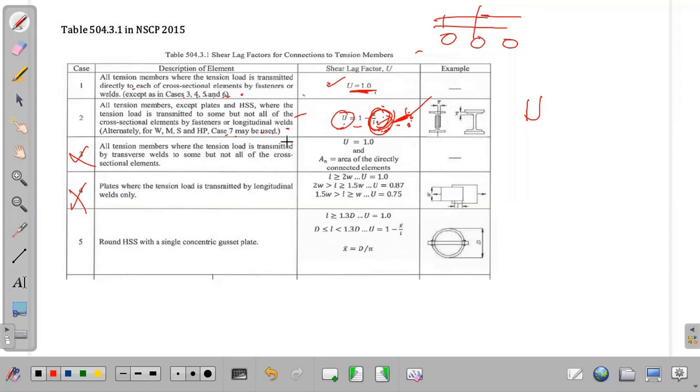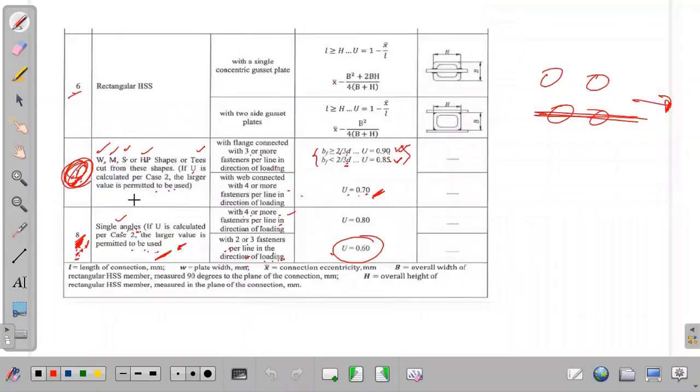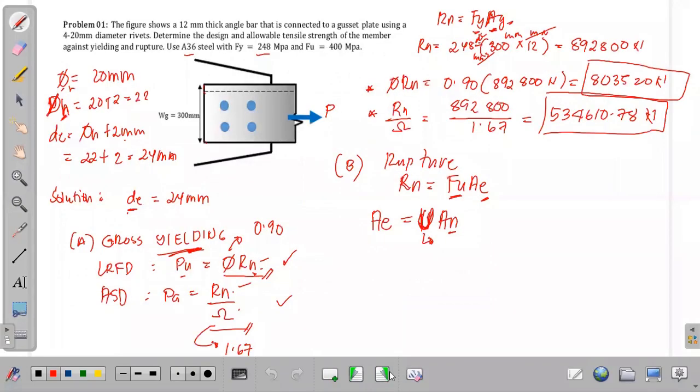Case 1, case 2, pagka nag-solve kayo, case 7 or case 8, depending doon sa kung anong mai-apply na cases doon sa given sa problem. Okay? Compare yung value ng shear lag factor natin, U, and then the larger value, yun yung gagamitin natin. Okay? Use the larger value. So yung magiging U natin dito is equal to 0.60.